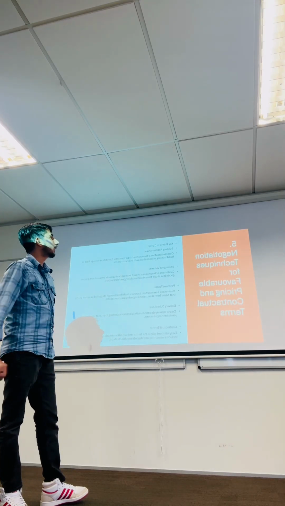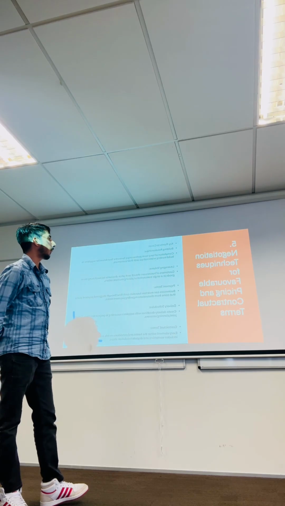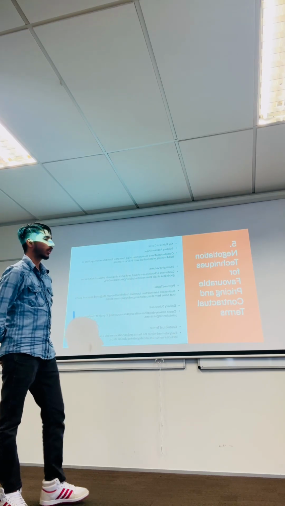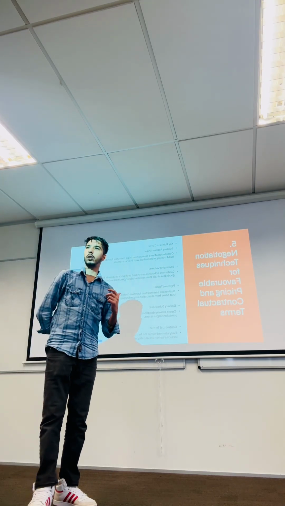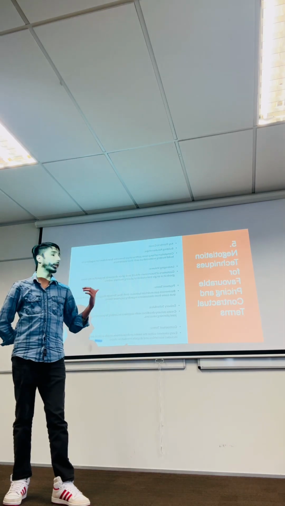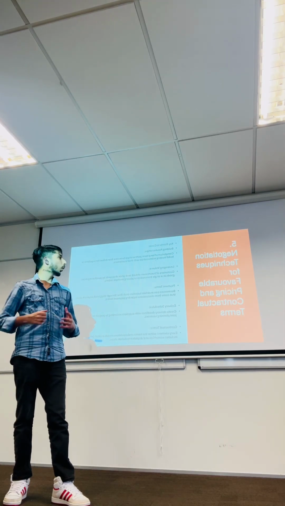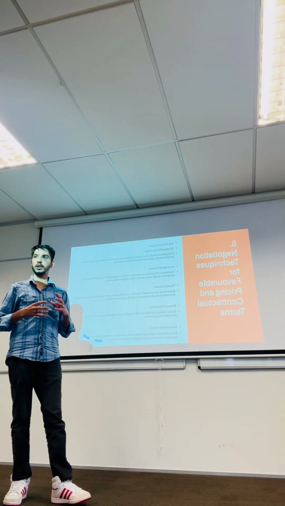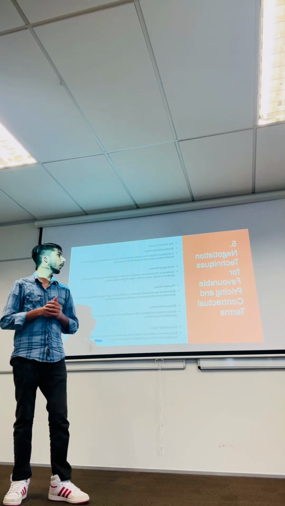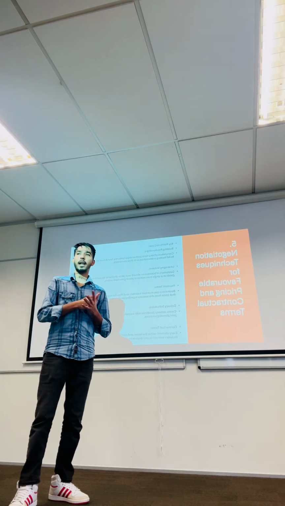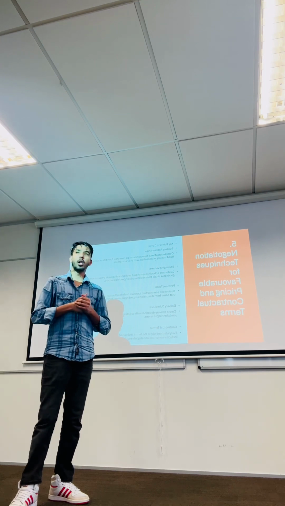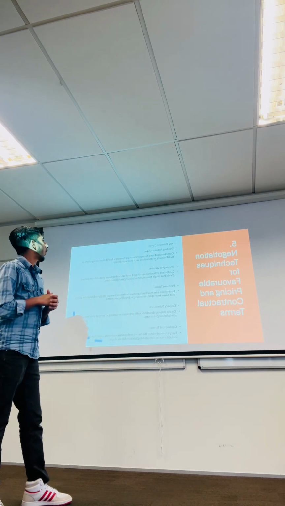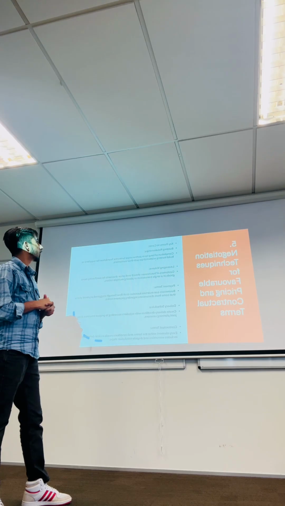So now last one is negotiation techniques for favorable pricing and contractual terms. After all those four steps, the last one is negotiation. When we took all quotations from different suppliers, after that we have to negotiate how we can get good quality product at a cheap price. First one is building relationship.